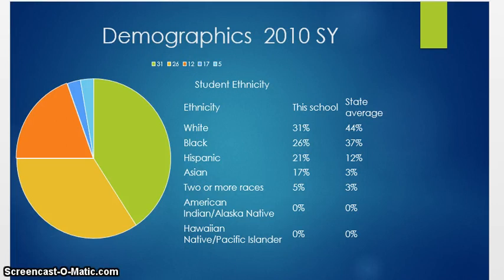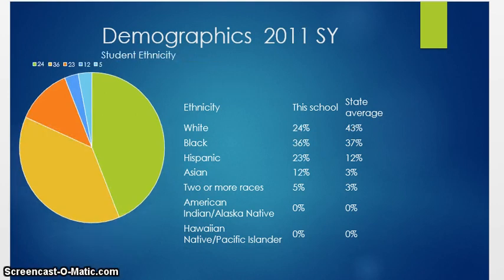We're also below the state average for black students, but we are higher for Hispanic, and we are higher for Asian. We're slightly 2% higher for two or more races in 2010, so the 3 years ago.